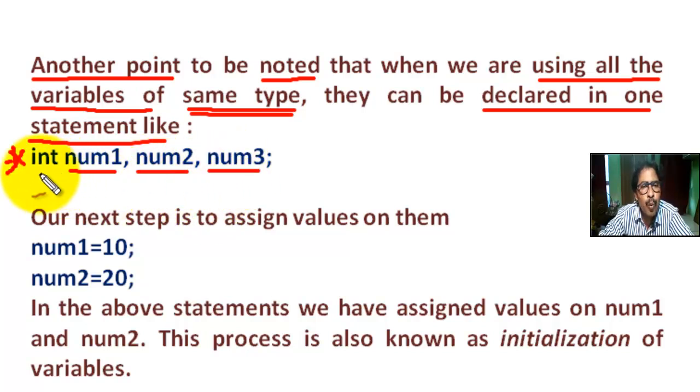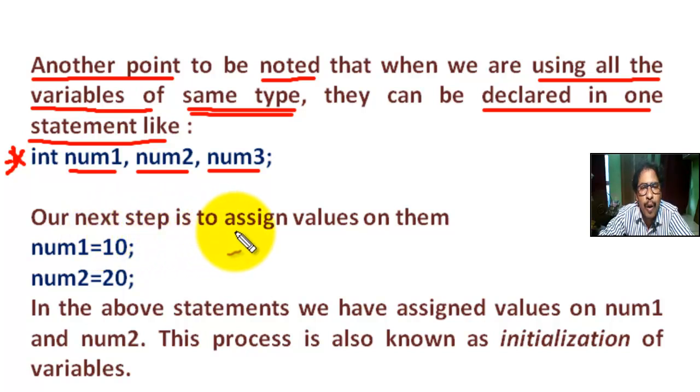These three variables are all integer. In one line we declare int num1, num2, num3 semicolon.